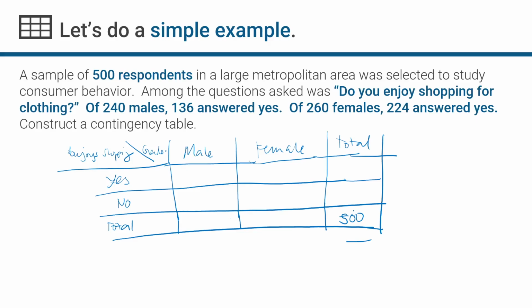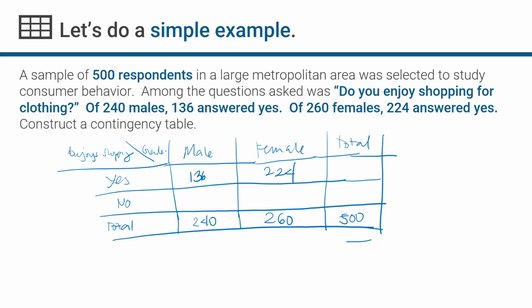We have 240 males and 260 females. Okay, and among the males, we have 136 that answered yes and 224 that answered no.